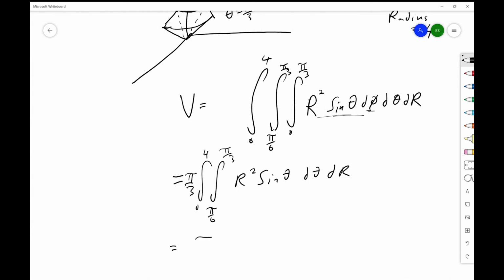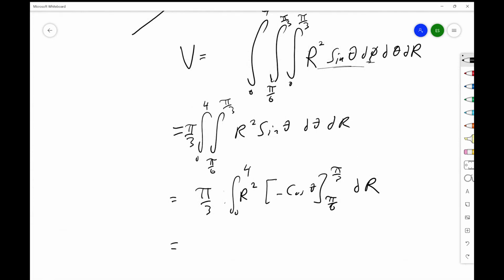So this is going to be pi over 3, 0 to 4, r squared, and then I integrate sine theta. It's going to be minus cosine theta, going from pi over 6 to pi over 3, dr.